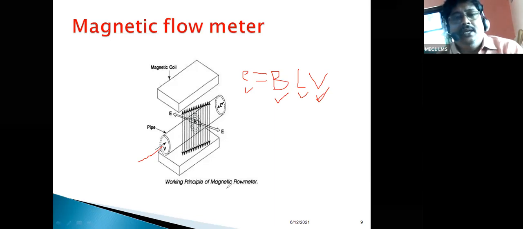So we have to arrange a pipe carrying a liquid whose flow rate has to be measured, and place it in the magnetic coil, subjecting it to the magnetic field. When the flow takes place in the pipe, it automatically cuts the magnetic field. There will be a change in the induced voltage, and that voltage is proportional to the flow rate in the pipeline. So this is very simple.